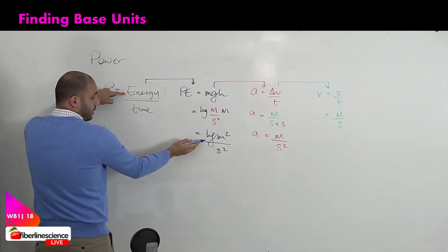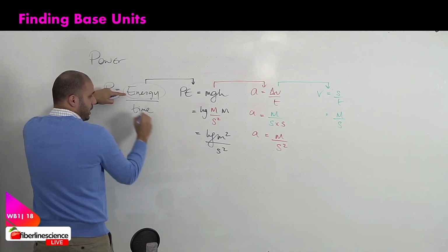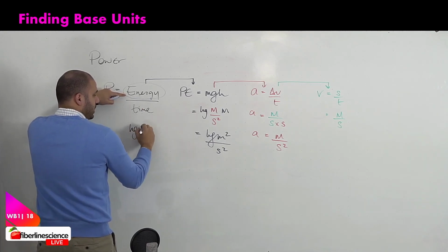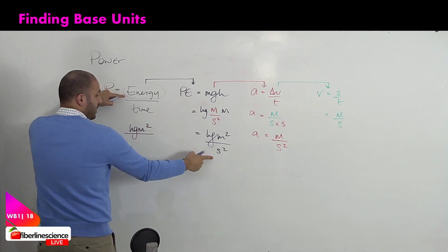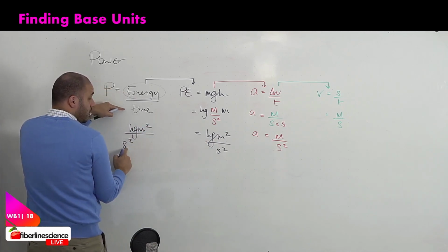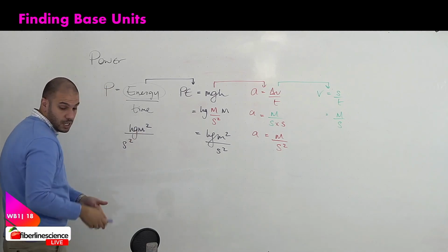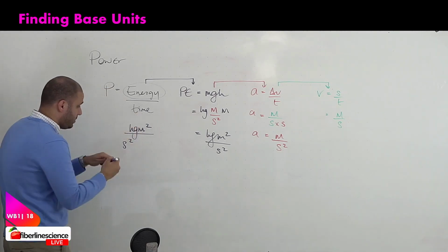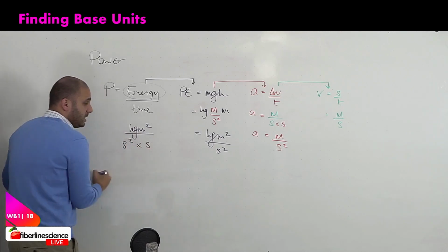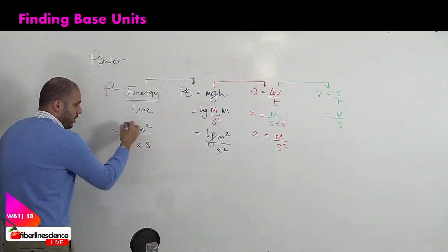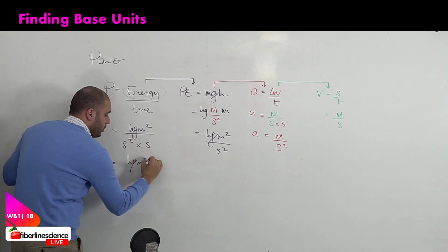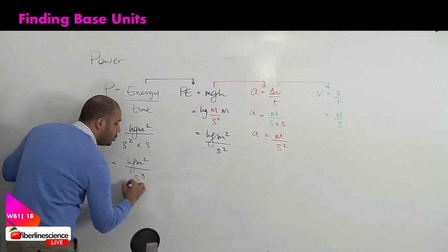So starting writing this off in the numerator, that means energy is kilogram meters squared in the numerator, and it is divided by seconds squared, and seconds squared happens to be next to this value of time. Okay, so the unit of this time is yet another second. Simplifying that, kilogram meters squared all over seconds cubed.